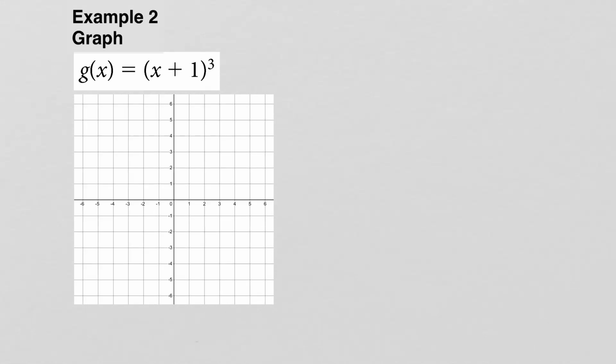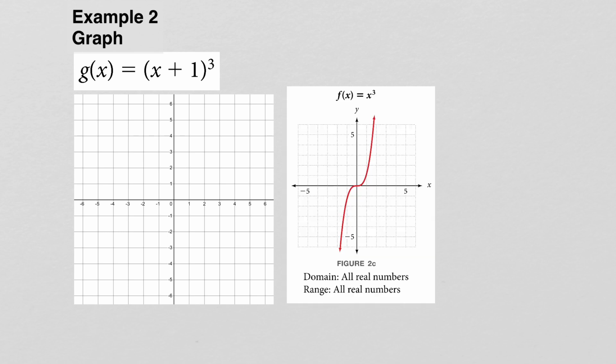Next, let's consider the graph of g of x equals x plus 1 quantity cubed. Again, let's bring in the basic graph for the cube function. So here it is. This one has a domain and a range of all real numbers, and more importantly, this is the shape of that graph.